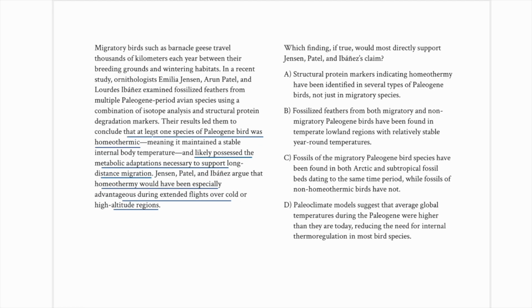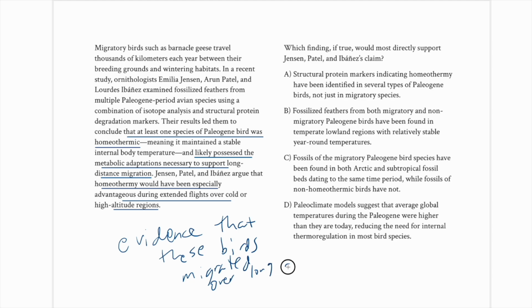If we want to say that these birds possess the metabolic adaptations necessary to support long-distance migration, we want evidence that these birds migrated over long distances, and specifically long distances that included cold or high altitude regions. High altitude regions are probably going to be cold, generally speaking. A region doesn't have to be high altitude to be cold, but I'm just going to put a slash there.